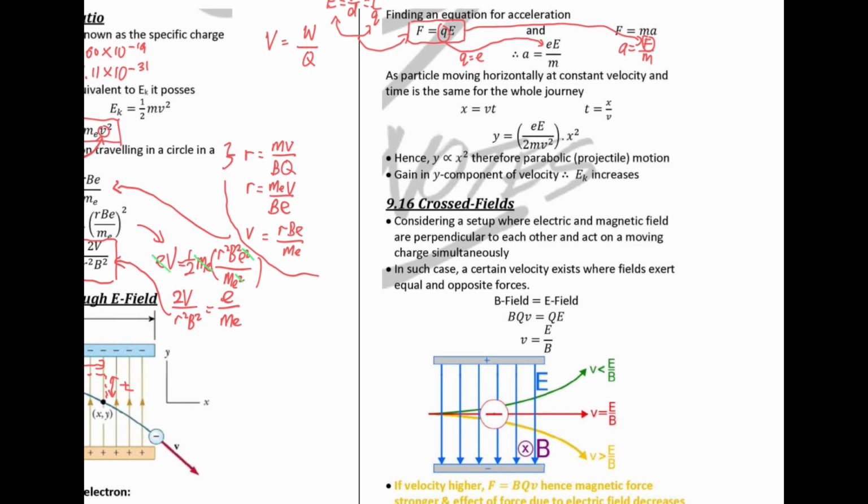Because there is no acceleration, we use the formula s equal to ut plus half at square. Because there is no acceleration, a is 0, and because of that this whole term disappears, only s equal to ut remains.